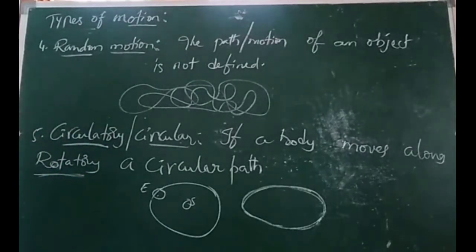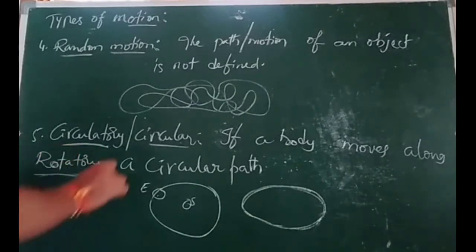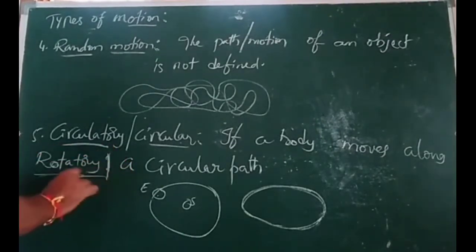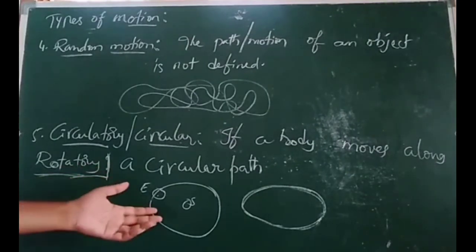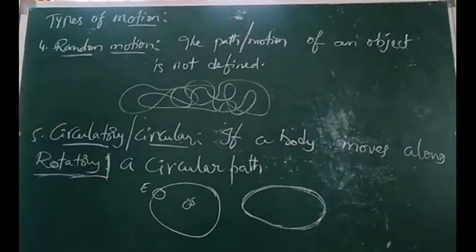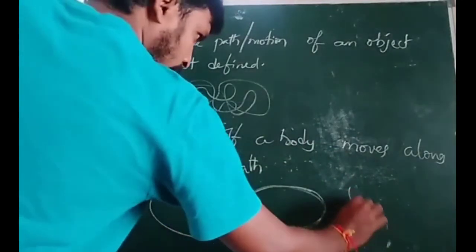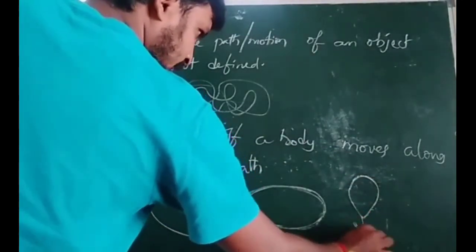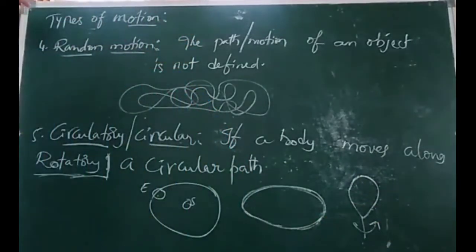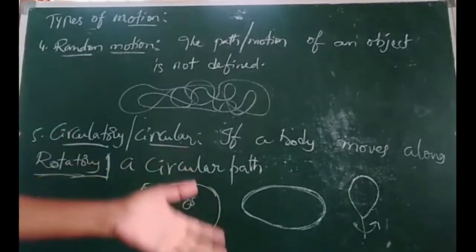For this class, the rotatory motion and the circular motion are the same. So wherever you see it, if your body moves along a circular path or moves along its own axis, both come under rotatory motion or circulatory motion. But strictly, the two are different.